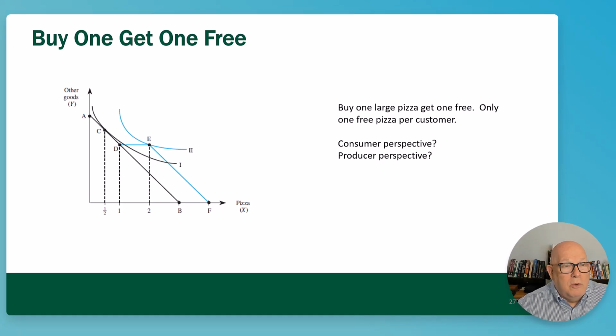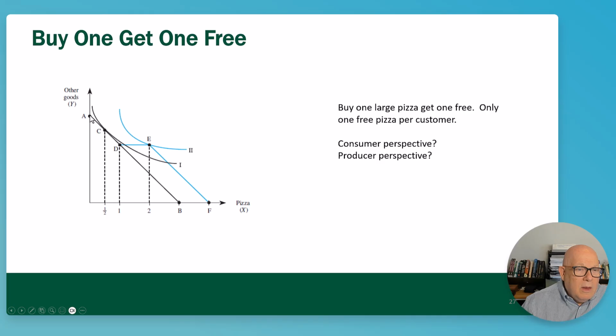Well, one way we can do that is by offering them a free pizza if they buy a large, but not if they buy a small. So what happens is, the indifference curve, obviously, we're going to have to look for a higher one. But the first thing that happens is the budget curve is going to shift.